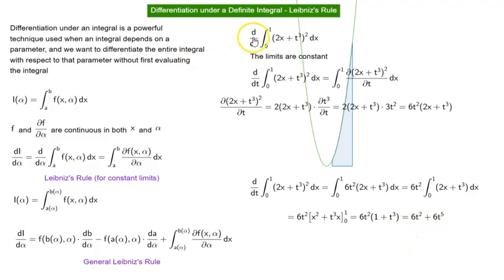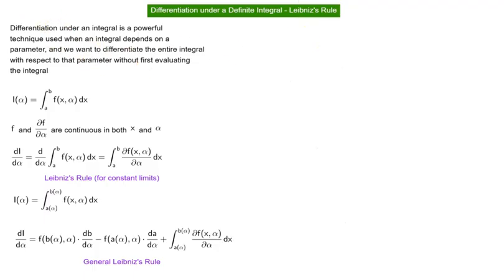So this was the case where the limits were constants. Now let's look at a case where the lower limit is constant, but the upper limit varies, is a function of t. Now let's look at the next problem. Here, if you will notice, it looks like the same problem that we saw just now.